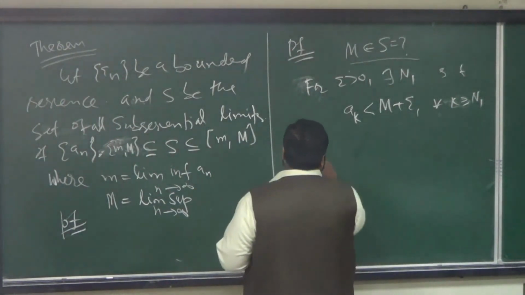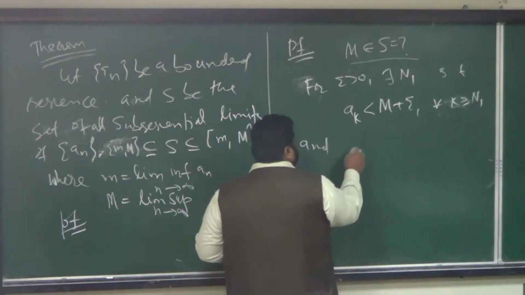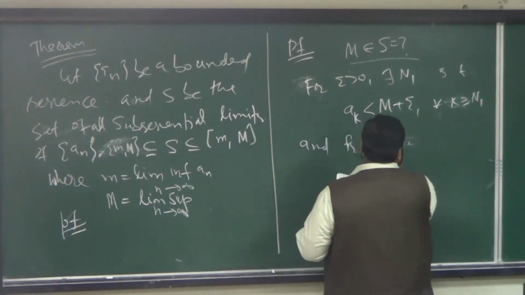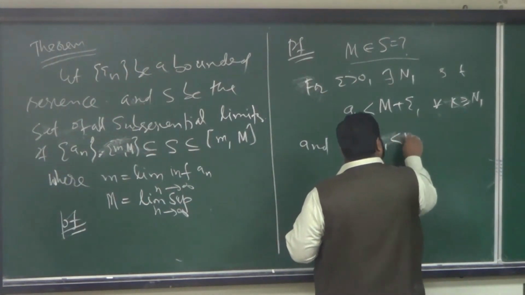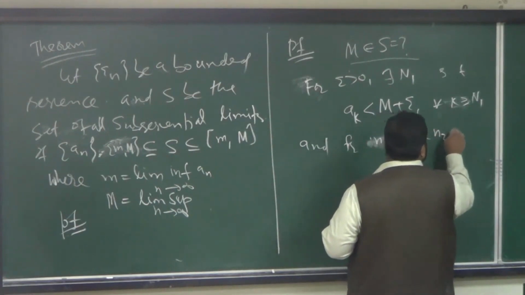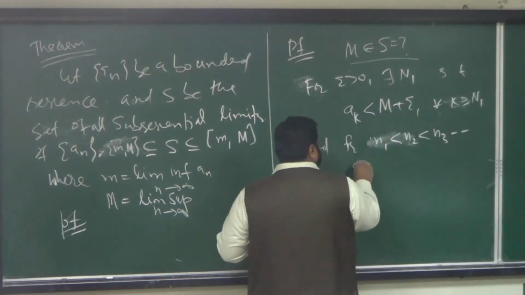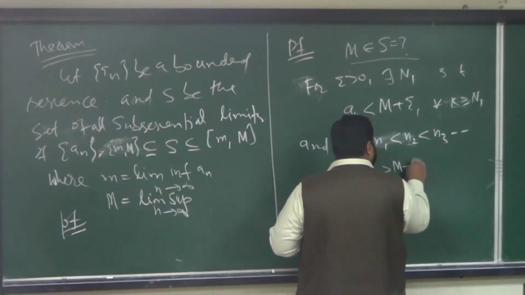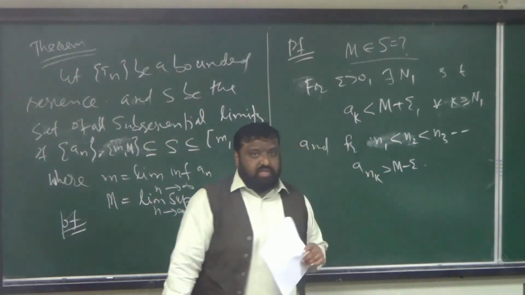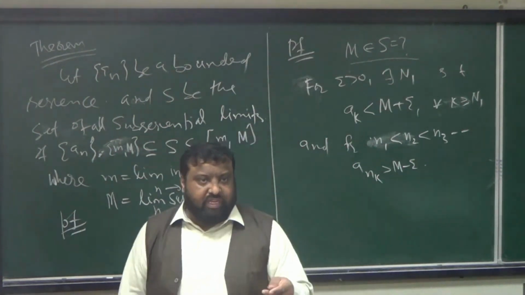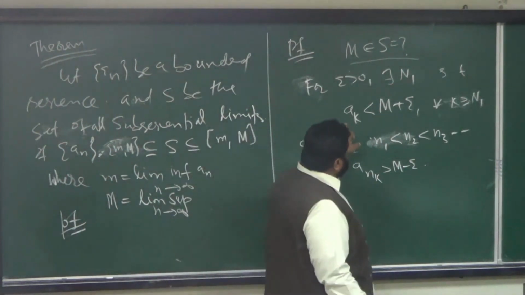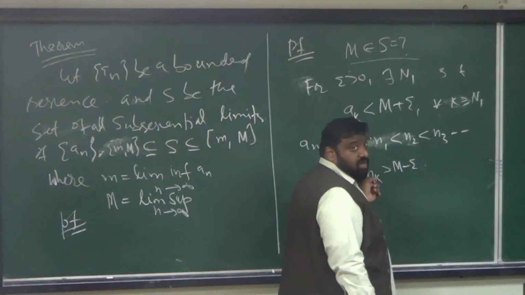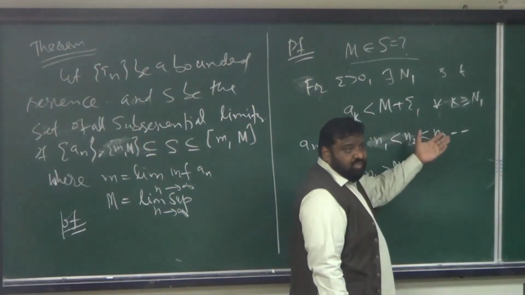And we also showed that for N1 smaller than N2 smaller than N3, and so on, a_{n_k} is bigger than M minus epsilon. So that was the two parts: this must be true for all k, and this must be true for infinitely many n_k.